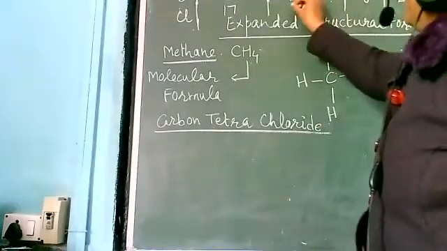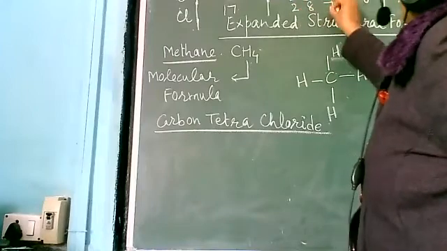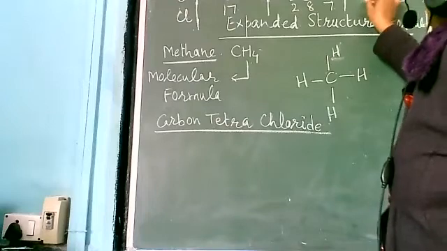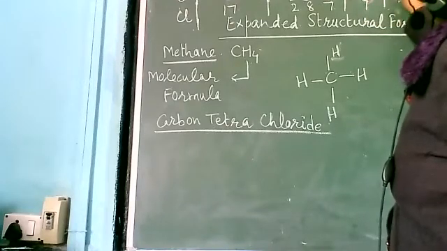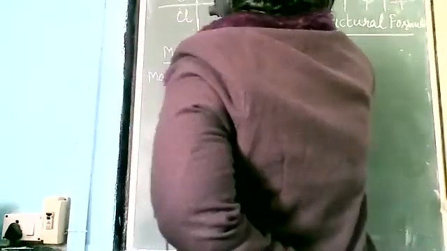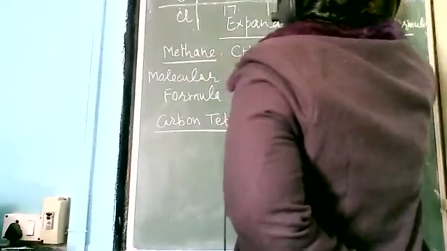What is the configuration? 2, 8, 7. How many valence electrons does it have? 7. What is the valency? Minus 1. Clear to everyone?